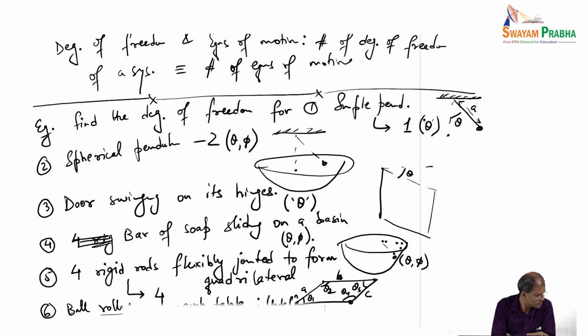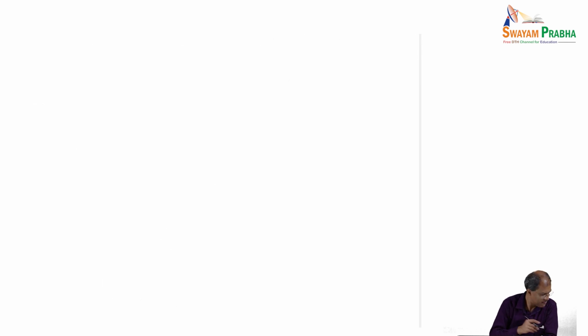Let us look at one more example of a problem involving geometric constraints. It turns out that even kinematic constraints for certain cases are not a problem. Why?